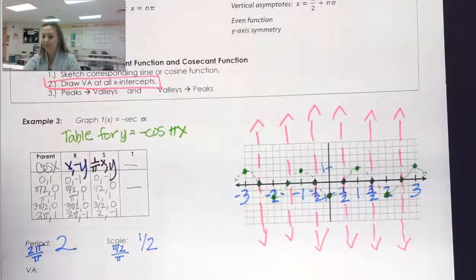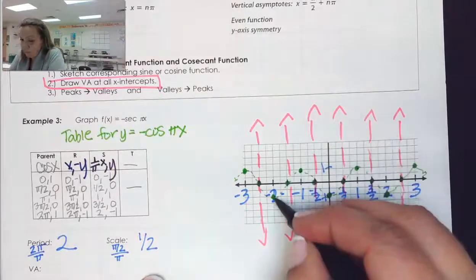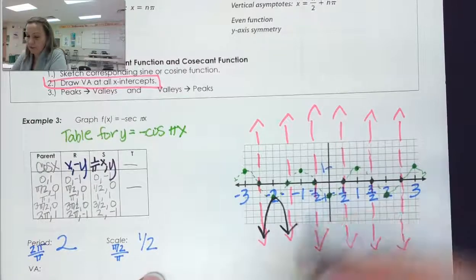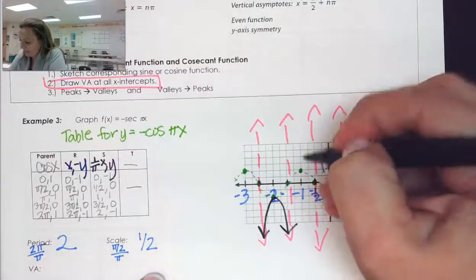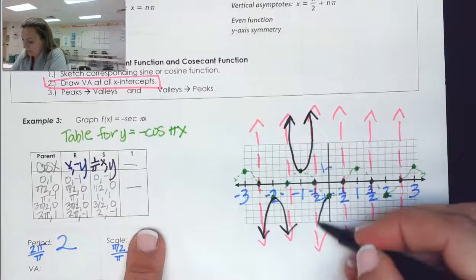So those are my asymptotes. And now to get the actual graph, any low point becomes a high point, and so you basically just approach the asymptotes. This high point is a low point, you approach the asymptotes.